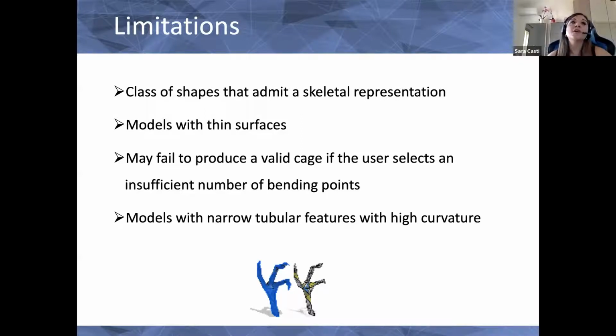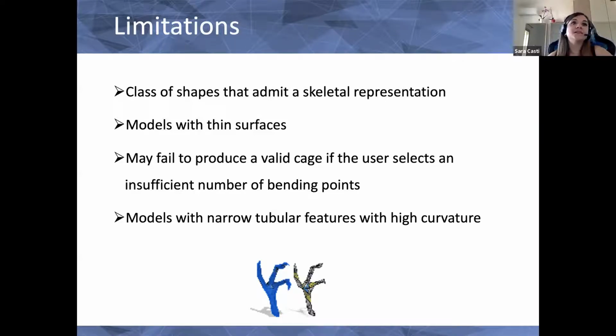We have difficulties building cages for models that have thin surfaces, for example, like the ear of an elephant, which are too thin, and it's not possible to build a proper cross section that represents this area. And well, we may fail to produce a valid cage if the user does not select a sufficient number of bending nodes along the skeleton.